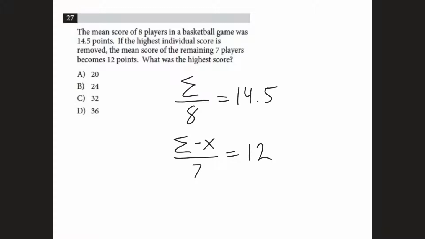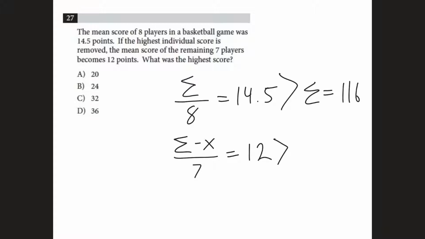Well, we can solve this first equation for the sum, and we'll see that the sum equals 14.5 times 8. The sum is 116. Then in the second equation, we can multiply both sides by 7.